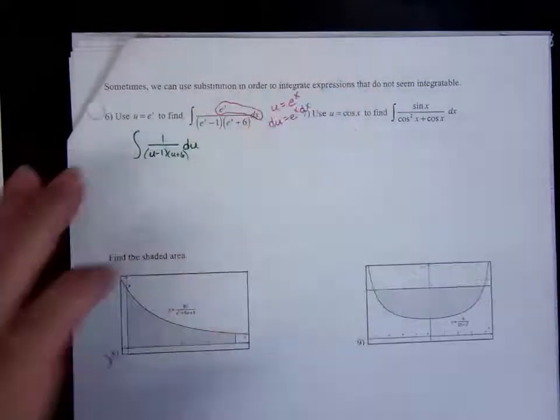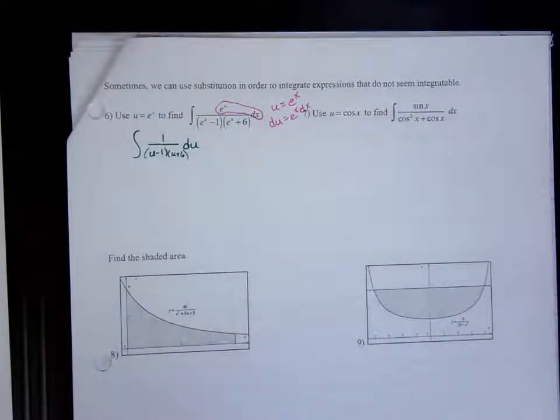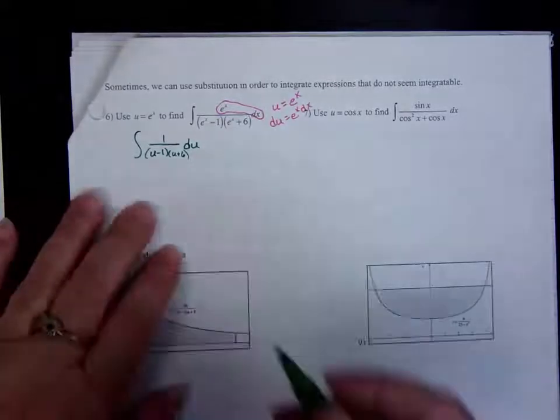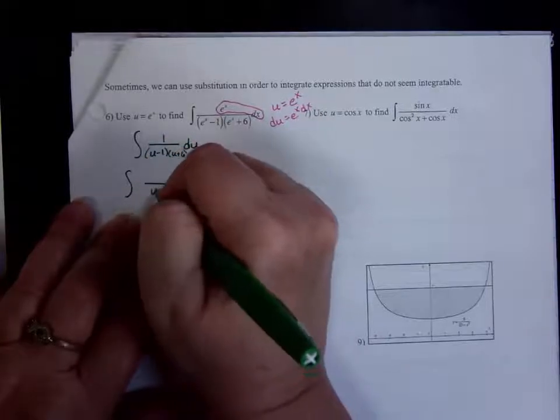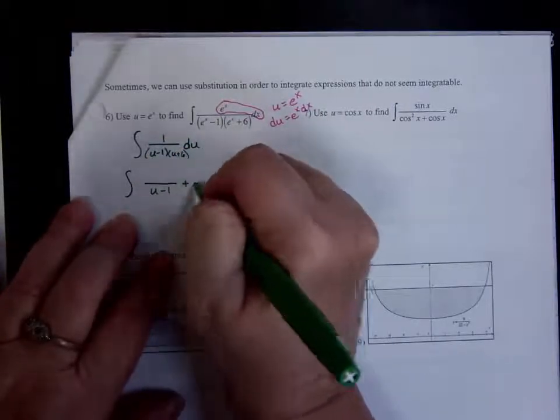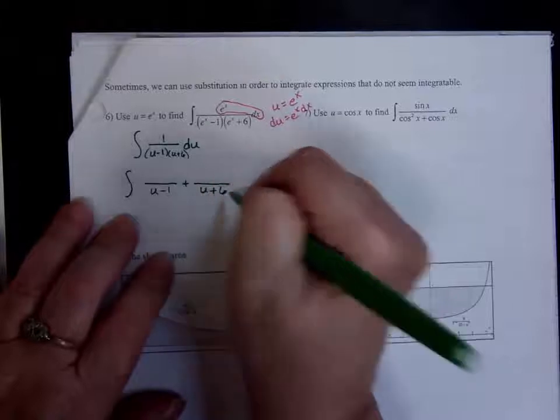A 1. Okay? Do you see now that this is the kind of problem just like we've been doing all along? The bottom's already pre-factored for you, so what we need to do now is break it into its two fractions. So we have one fraction with a u minus 1 plus one fraction with a u plus 6.